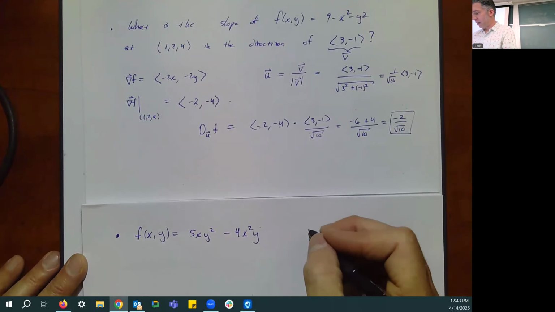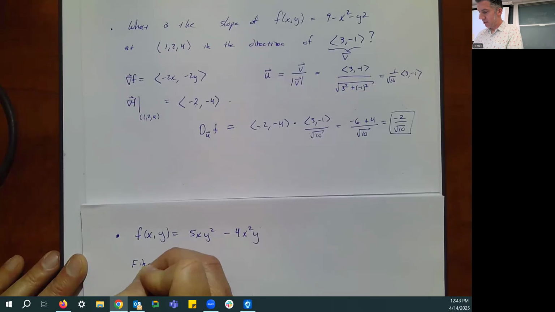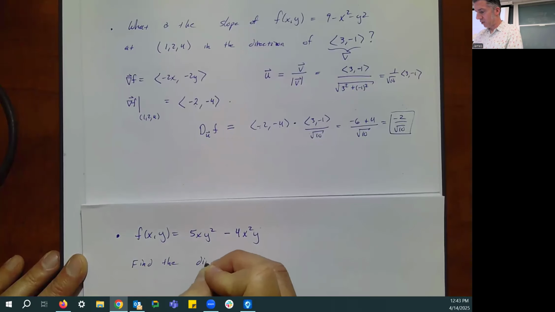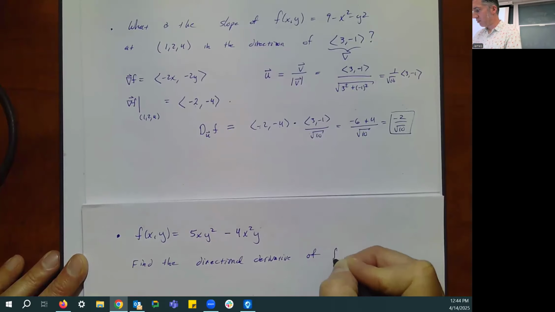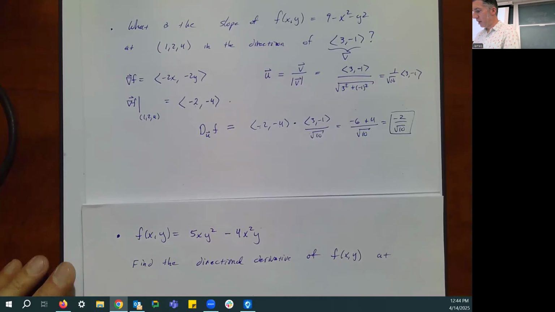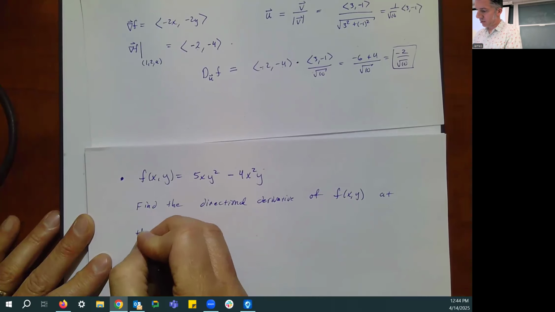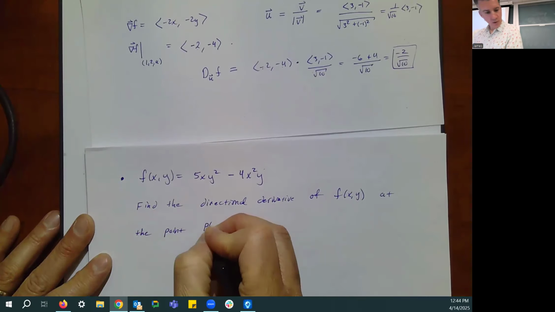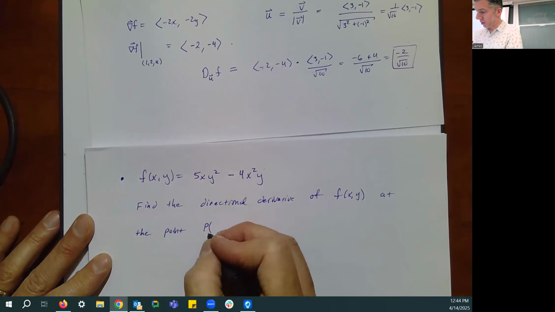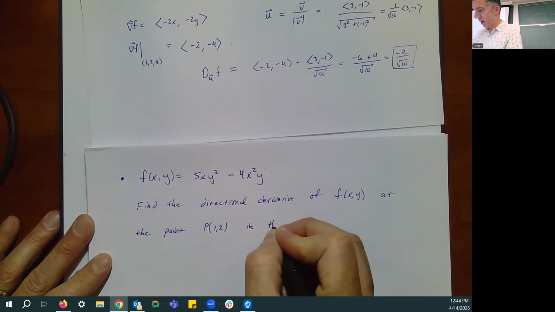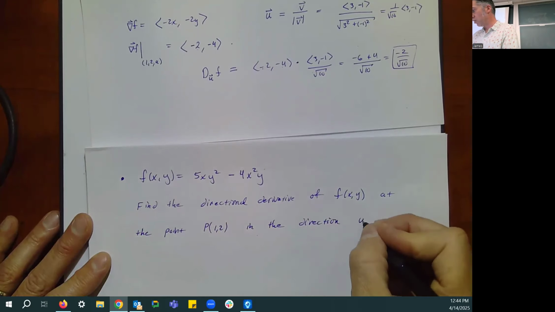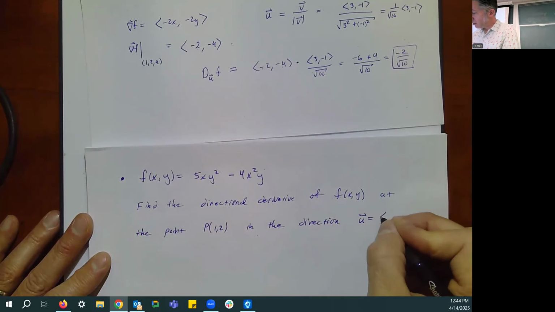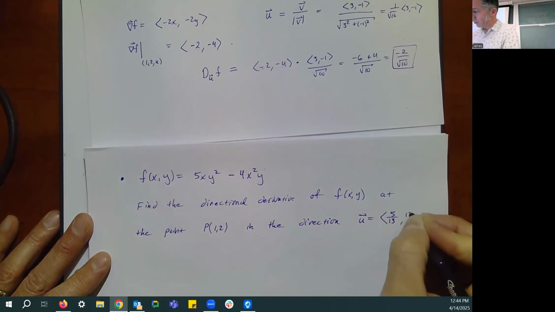And I want to find the directional derivative of this function at the point 1 comma 2 in the direction, I'm going to give it to you as a unit vector, u equal to 5/13 comma 12/13.